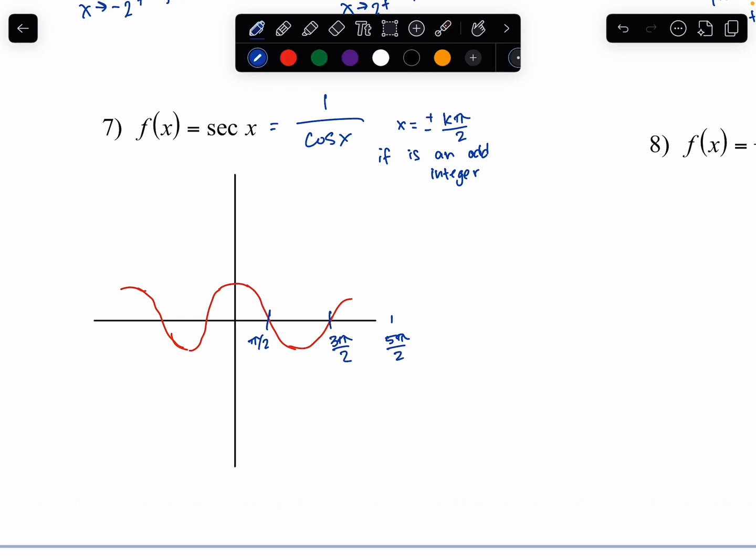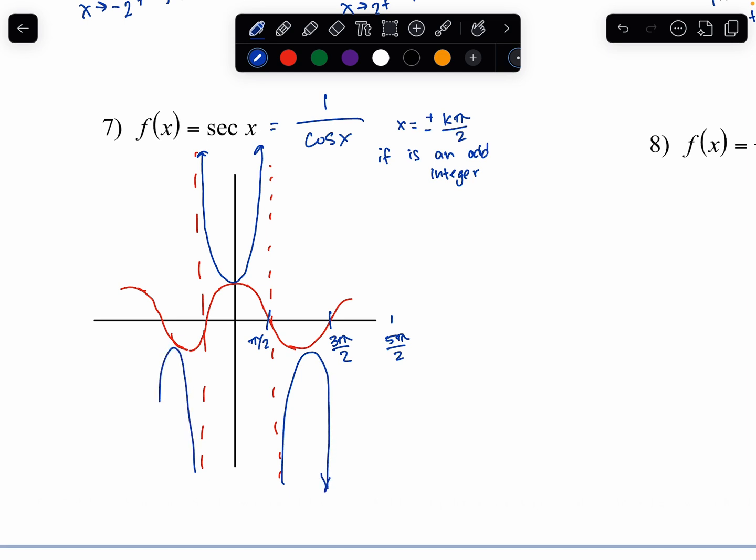Actually, I didn't really graph the secant part. So we'll have our asymptotes right here and right here. The first branch will look like this right here, and the second branch, or the branching out further, will look like this, and so on and so forth, with asymptotes along these values.